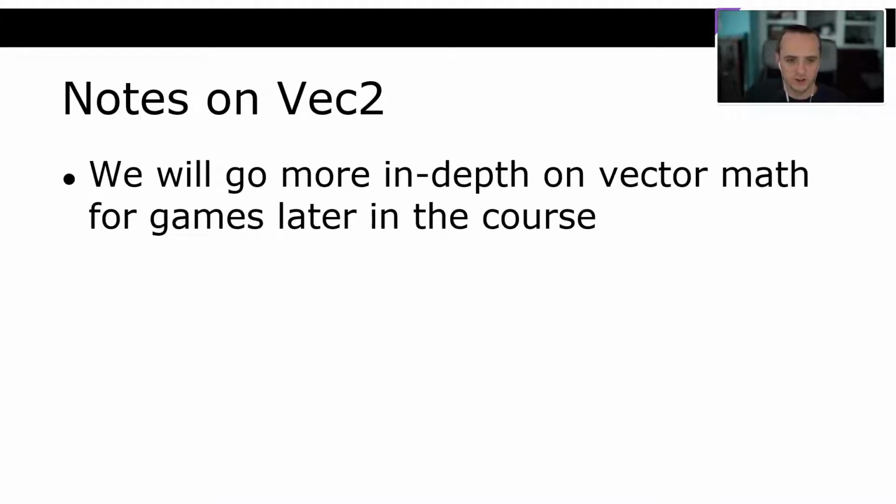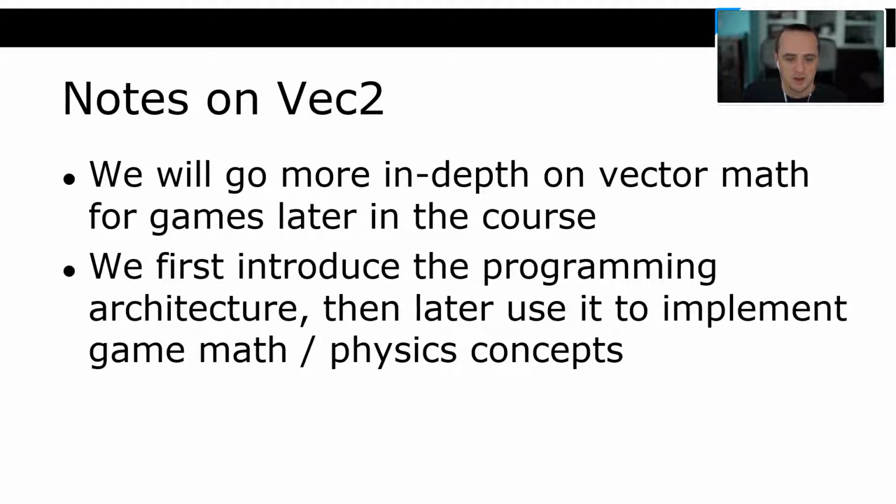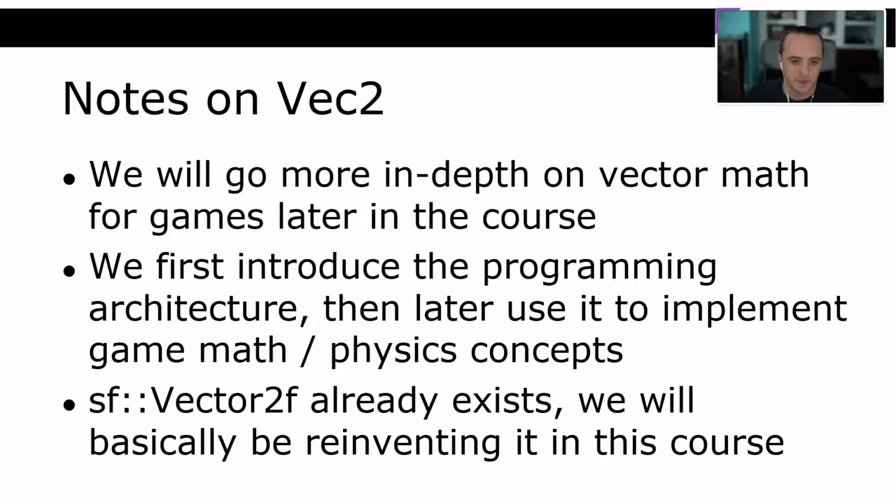Before we get into the implementation, just some notes on that. We're going to go more in depth on actual vector math, like vector addition, subtraction, multiplication, all that kind of stuff, normalizing. That'll be in a couple of lectures. But we're going to first introduce the programming architecture, and then later we're going to use it to do the math and physics, okay? Now, built into SFML, there is an SF Vec2f class.